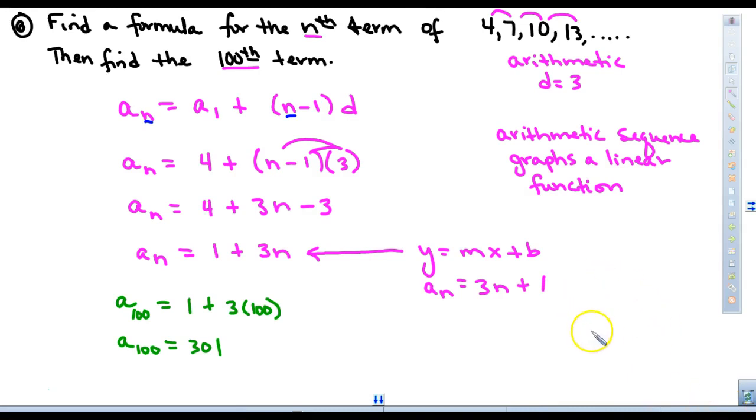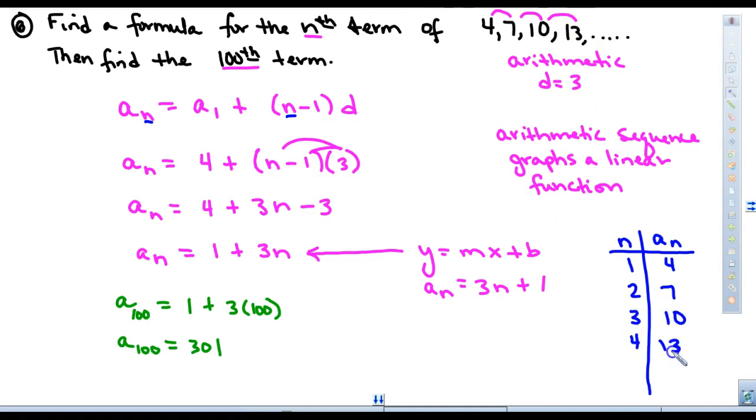That's because you can write this in a table if you had n, which is the number of your term, and a sub n, which is the actual term. Then we can make a table looking at this list saying that our first term is 4, our second term is 7, our third term is 10, our fourth term is 13.